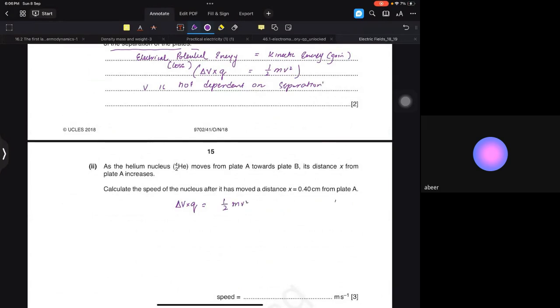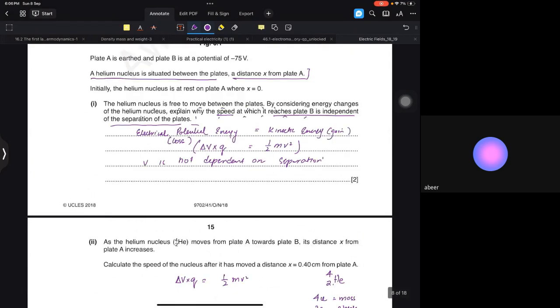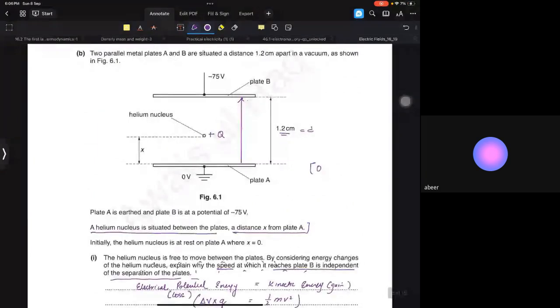First of all, let's understand the helium nucleus. Helium is given by 4u, which means its mass is equal to 4u and its charge is going to be equal to 2e. The potential difference between plates is 0 minus 75. So you always take the larger value and then subtract the smaller value in scalars because potential is a scalar quantity.